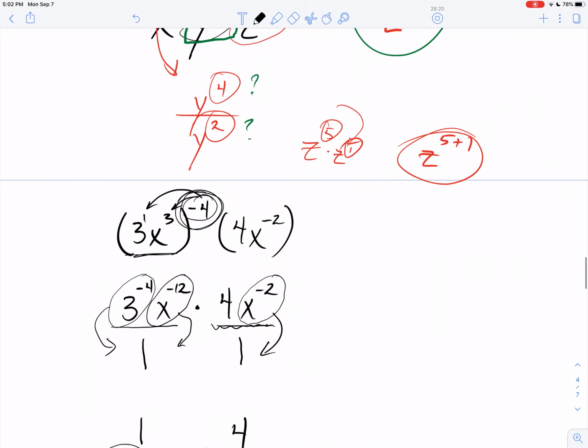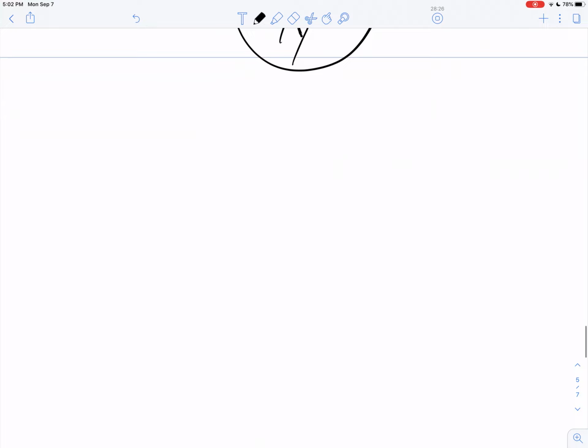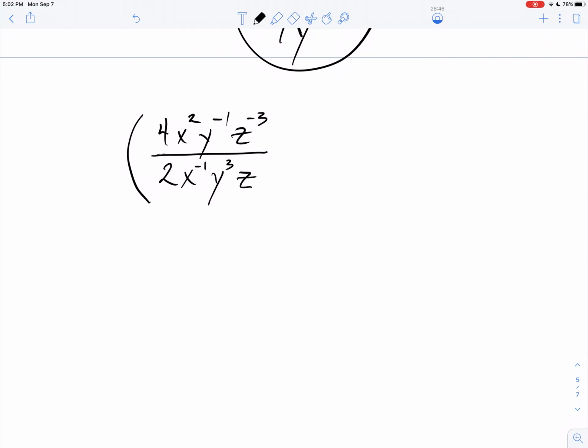So they had something like this. (4x^2 y^-1 z^-3) over, and then they had something like (2x^-1 y^3 z^5), and then they stuck an exponent out here.